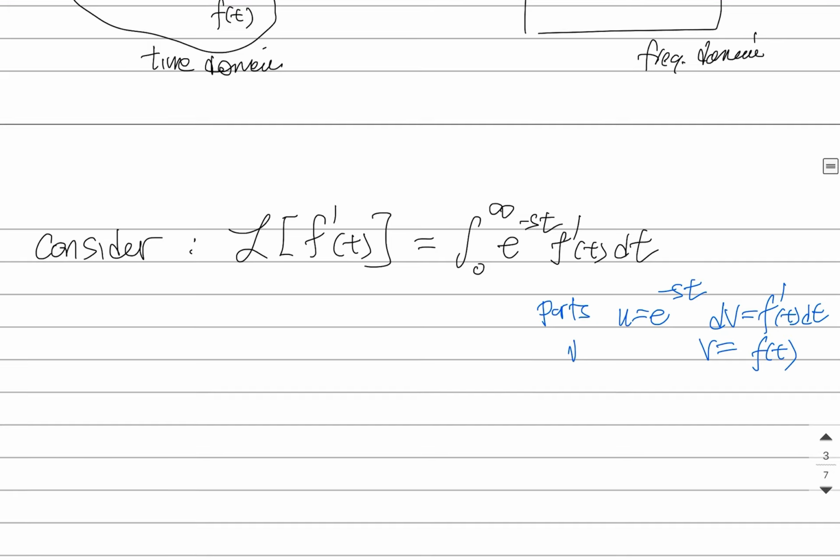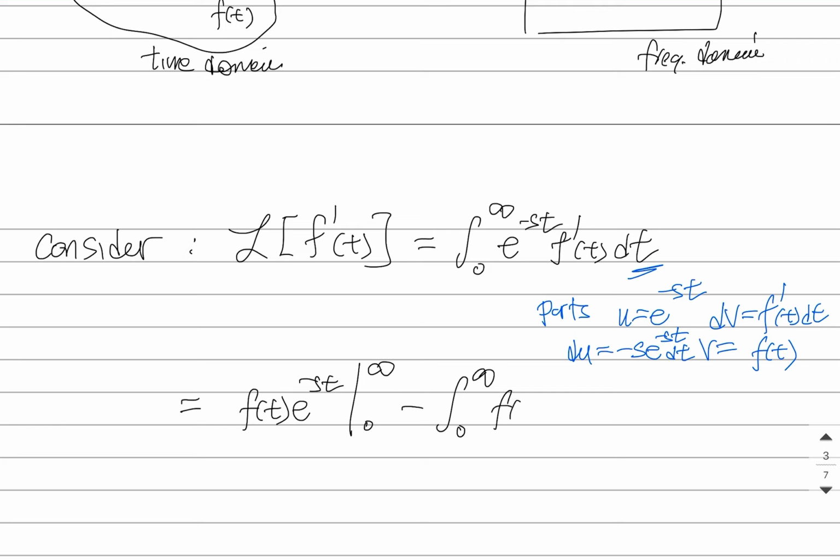And when I take a derivative here with respect to t, I'll get negative s e to the minus st dt. Now, integration by parts says we're going to have a uv, so we'll have f of t e to the minus st evaluated from 0 to infinity minus this integral of v du.